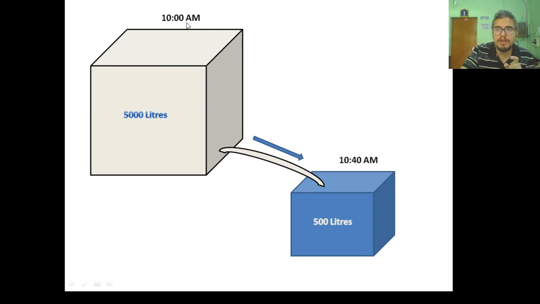In the similar way, if we are asked how much water is there in the smaller tank at 10 a.m., then we will answer that there is 0 liters of water in this tank, because this tank was empty at 10 a.m.